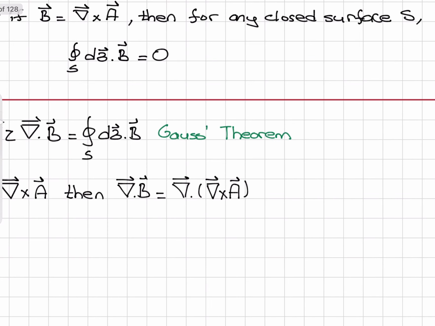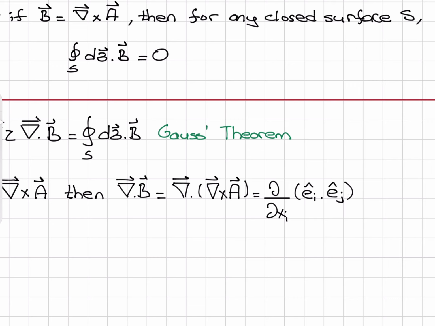And using the subscript summation notation, the del operator is del xi in ei hat direction. And we're going to write curl A in ej hat direction.